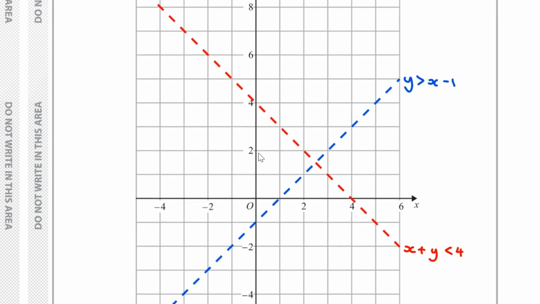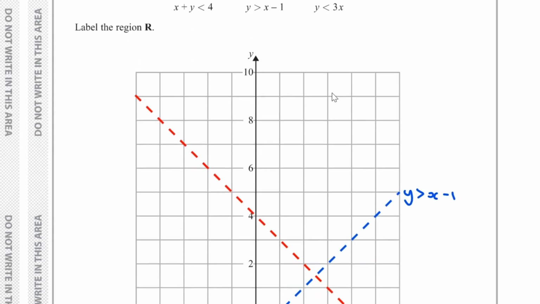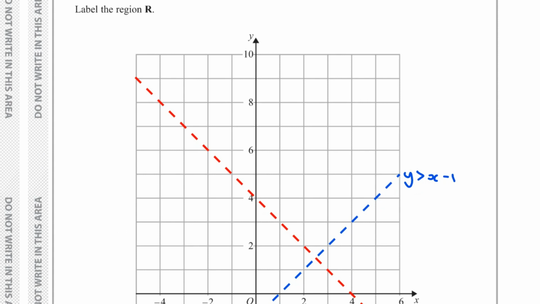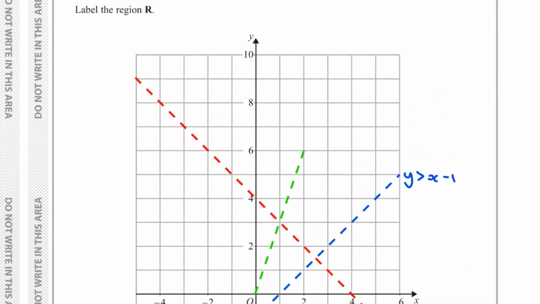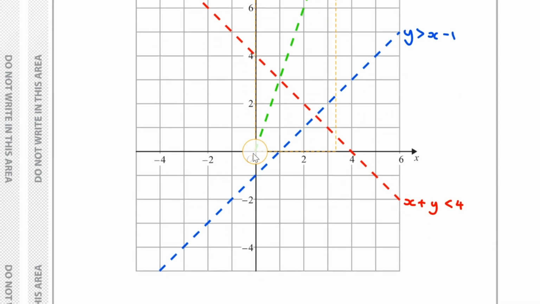We've got y being less than 3x, so here we've got a line which passes through the origin with gradient 3. It looks something like this, so let's extend it down to this point here.